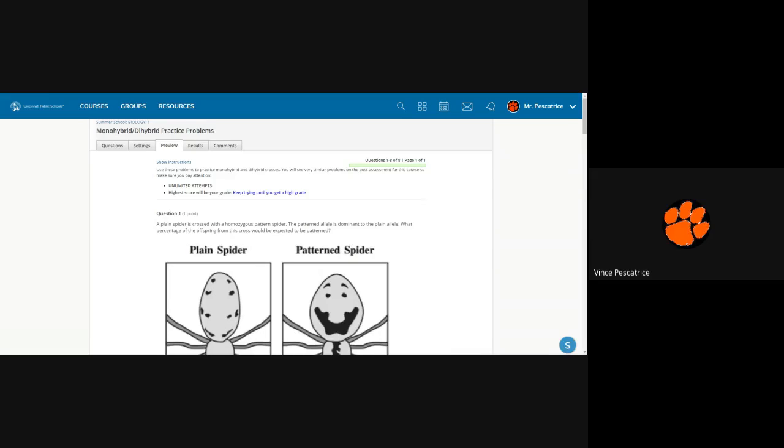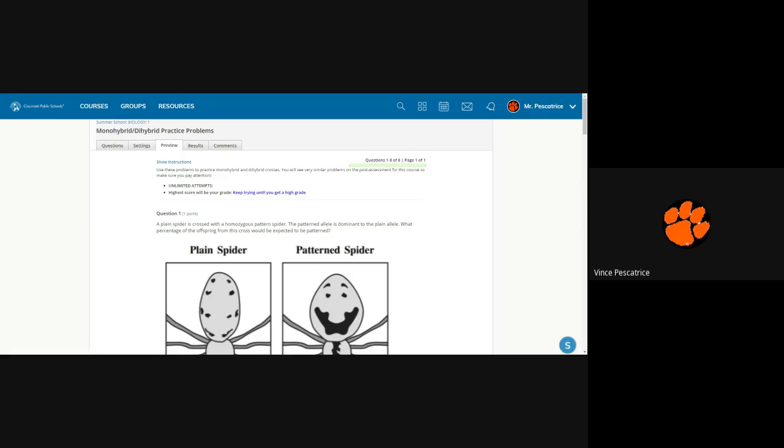It is dominant, so it's going to be uppercase. We're going to call this uppercase P for pattern, for dominant. And the plain allele, we're going to use a lowercase p. I'm going to put a little tail on it. It is recessive.